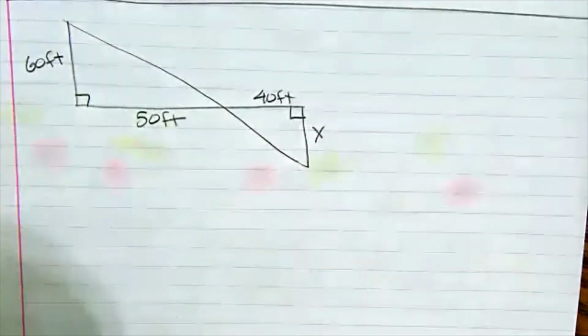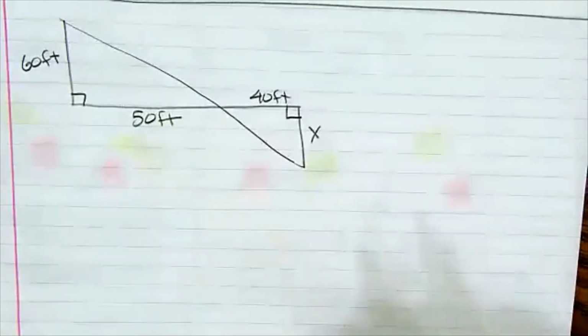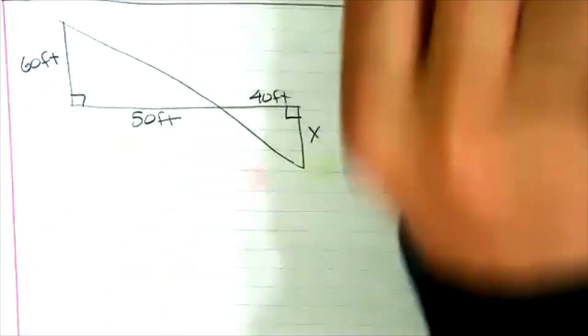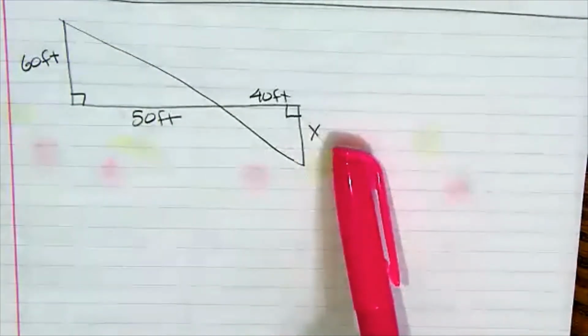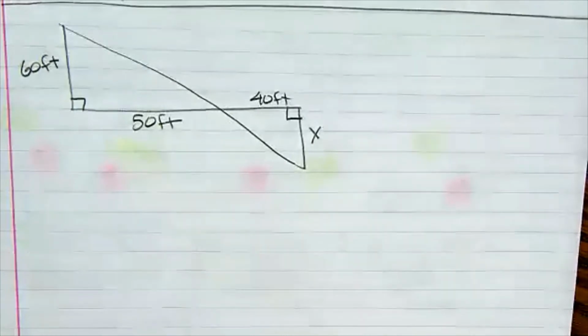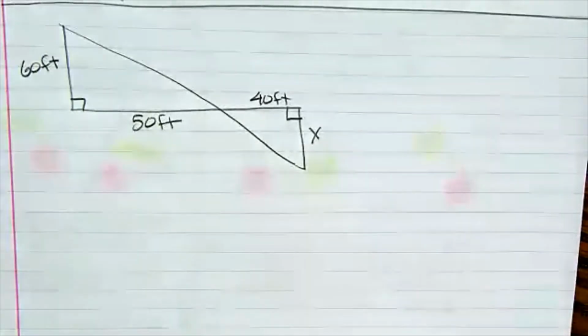Now, they wanna know, can you figure out what X is? Well, for us to figure out X, we need to know that the triangles are similar so that we can use proportions, right? How can we prove that these triangles are similar?